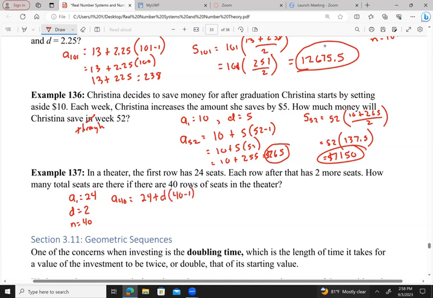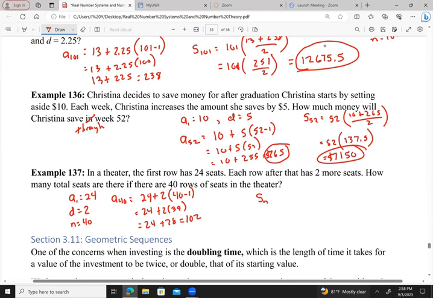We know D, plus 2. Now this is 24 plus 2 times 39. 24 plus 78, which is 102. So now we need to find the sum.